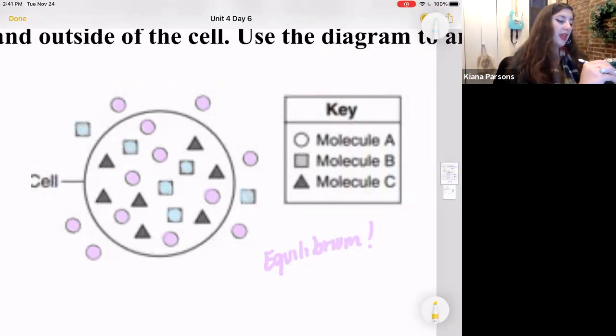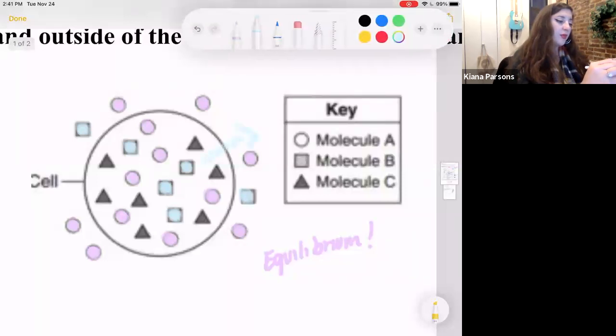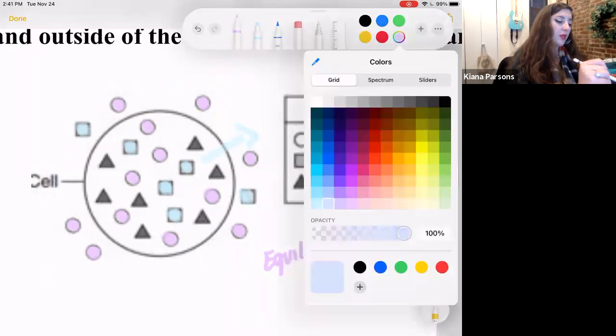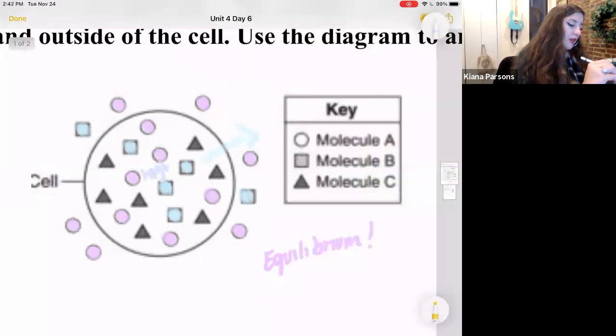So molecule B is going to be moving out from high, it's a slightly different color, but close enough, to low.